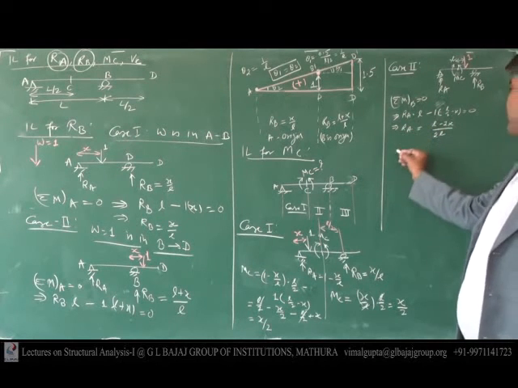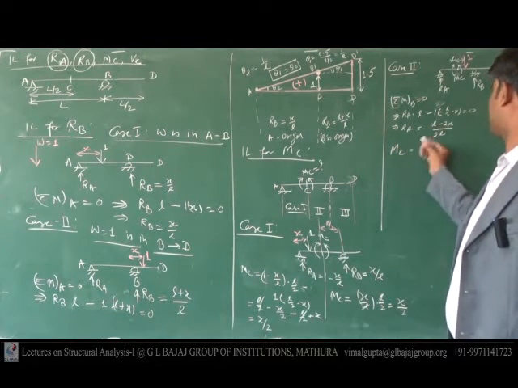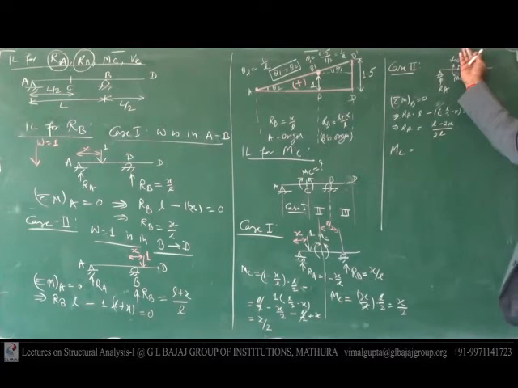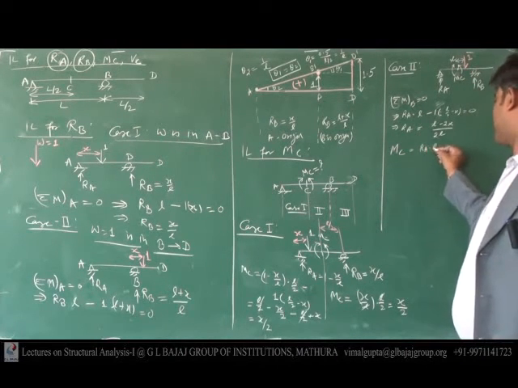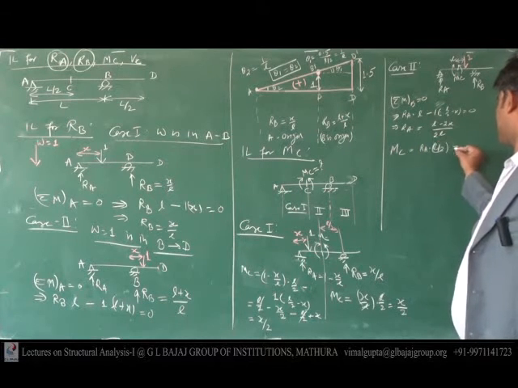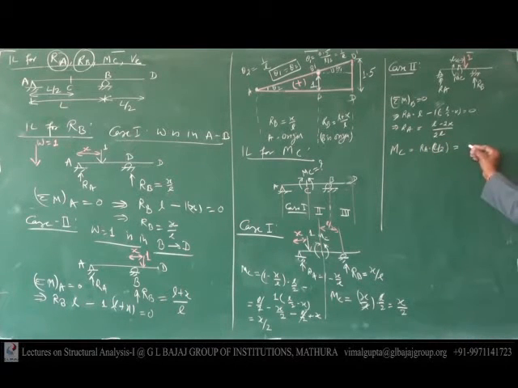And we know very well what the value of MC is. Taking it from this side only, it is RA into L by 2. RA value you know very well. It is L minus 2X by 2L into L by 2.